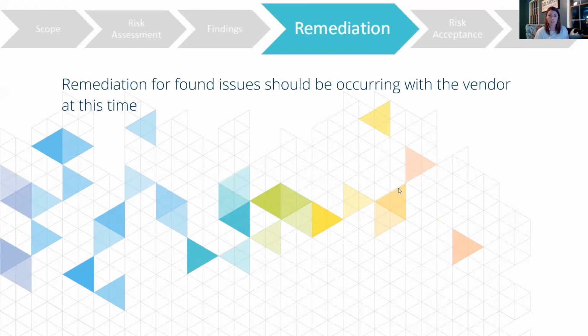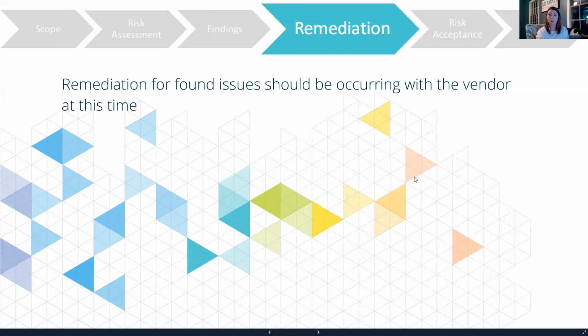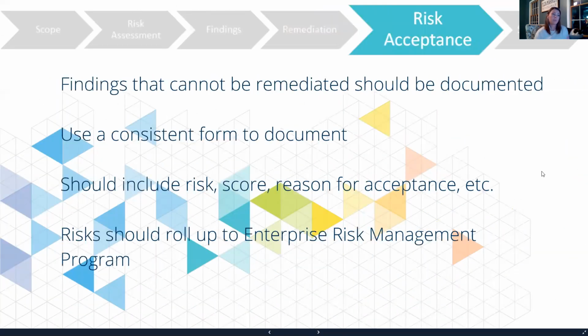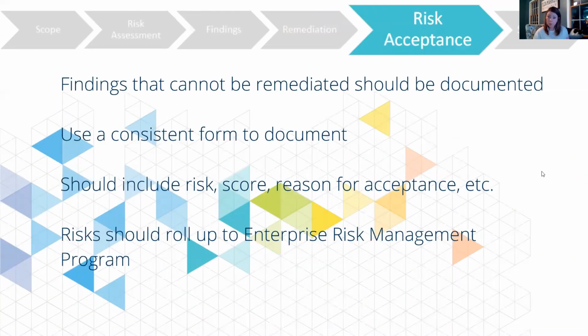If it's a low risk, you're not going to do anything about that. If it's a critical risk, again, they don't have vulnerability management in place, then your organization may be more inclined to push on the remediation. That's just going to have some dialogue that happens within the business to figure out if that's an acceptable path to take. So, findings that cannot be remediated, whether you decide to push for it or not, should be documented.